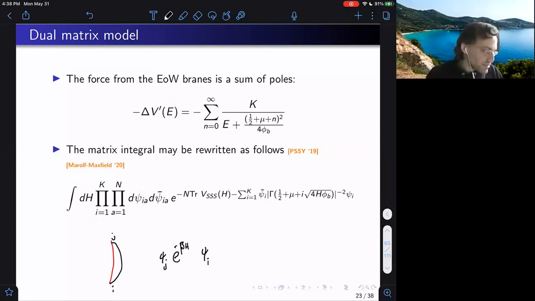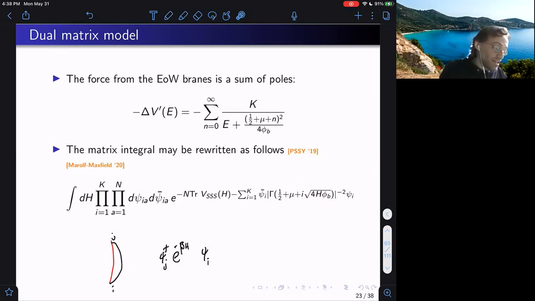That's a good question. The idea is that when I want to compute this diagram, I have to do the Wick contractions over these complex bosons, and then you also get a contribution from the determinant of this. The determinant will change the potential to make it the potential corresponding to the dynamical branes.